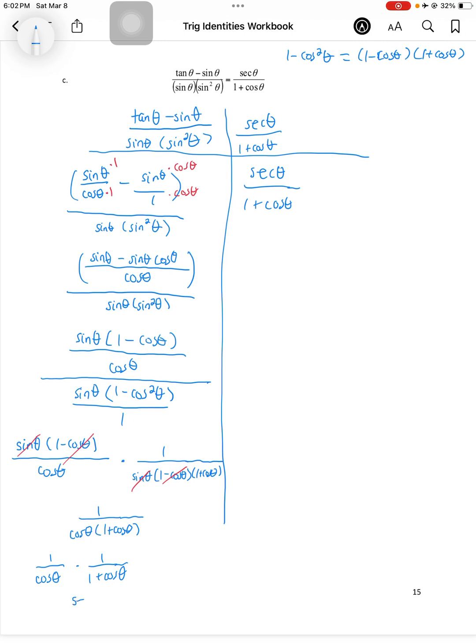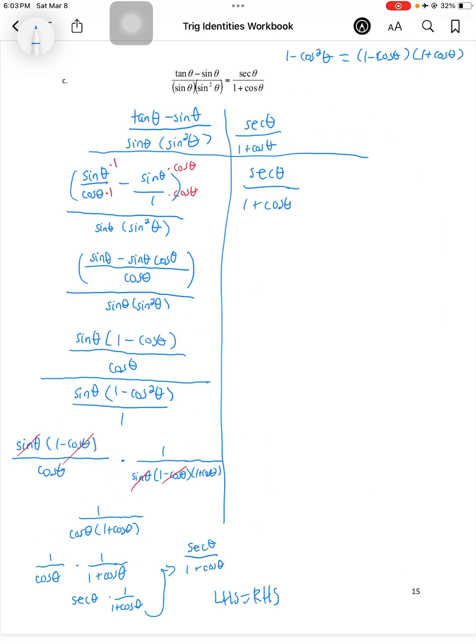And then now, this is the same thing as secant theta times 1 over 1 plus cos theta. And then that's going to be left with secant theta all over 1 plus cos theta. And now we have left-hand side equals right-hand side.